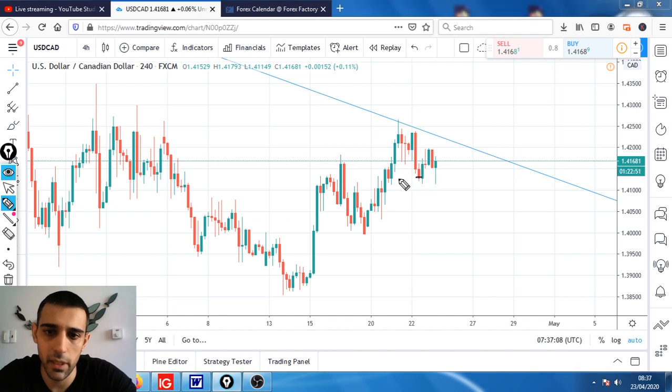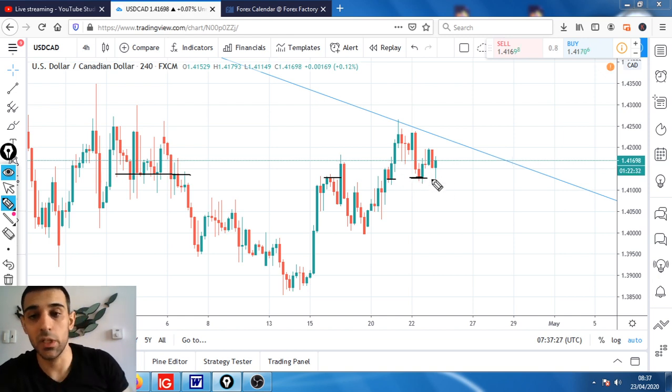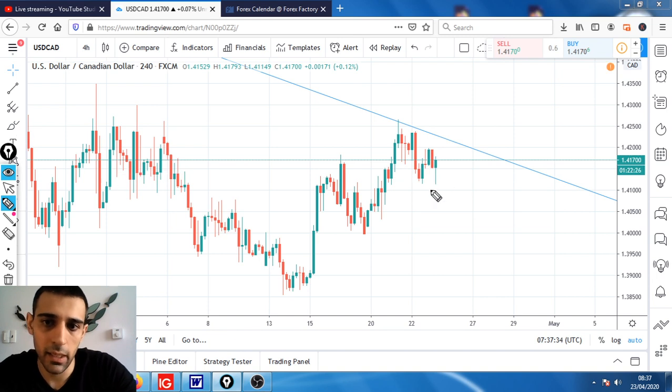The price came down and tested this zone, a decent support down here, so it had a reaction. Probably lots of targets were down in this area. When those targets or even stop losses are taken out, that's why it has this quick reaction, and now it's coming up.